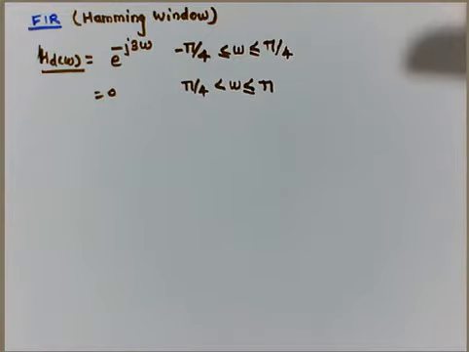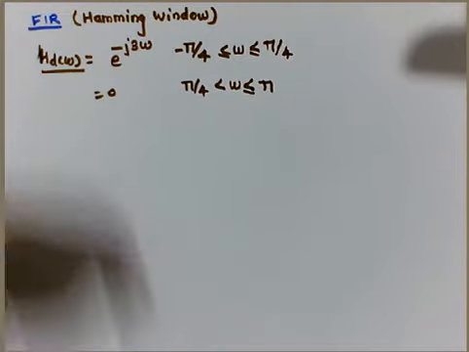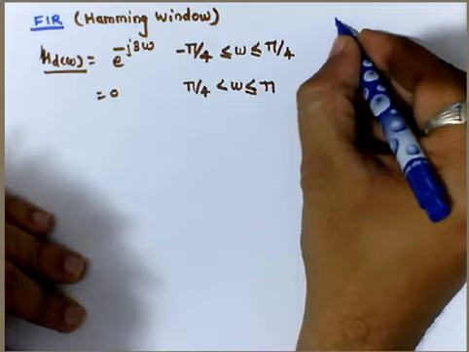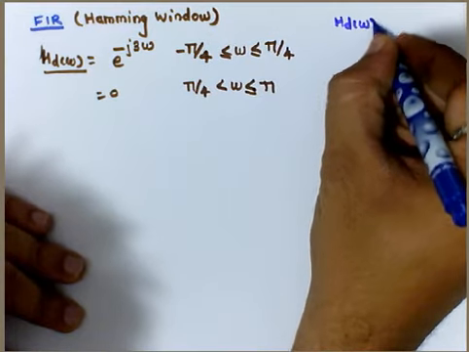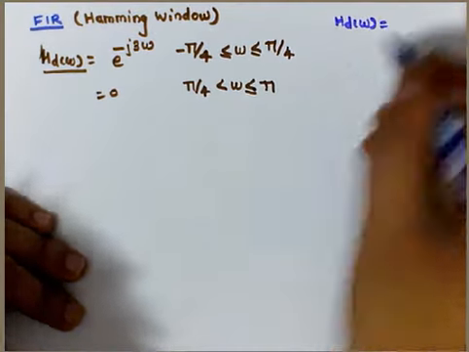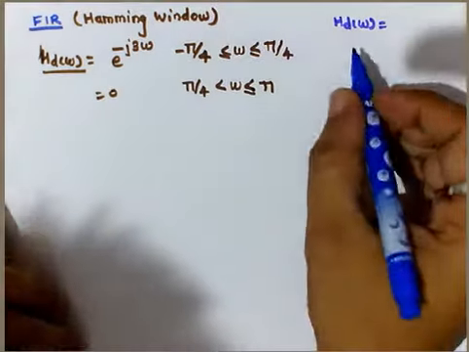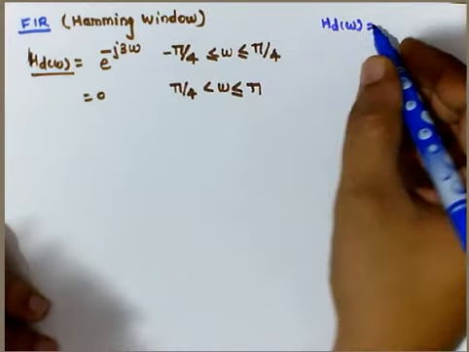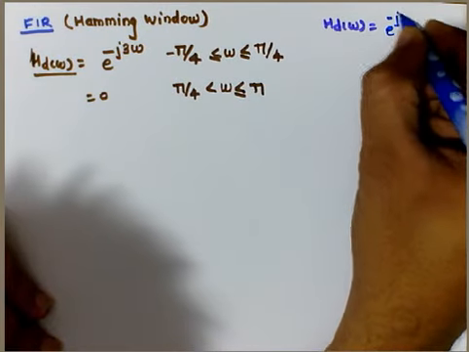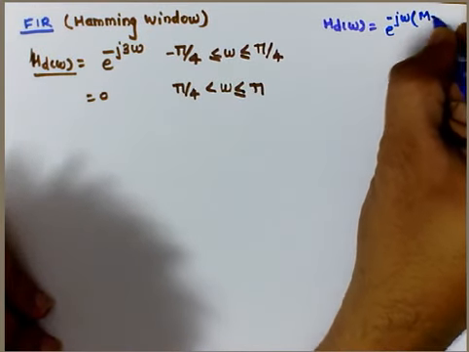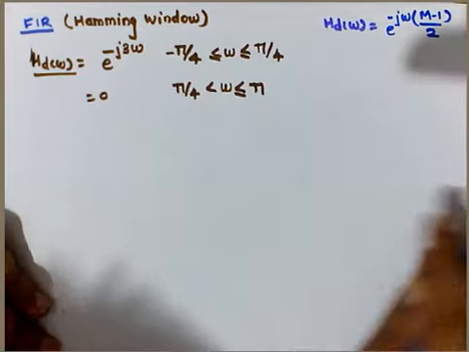The standard equation is quite simple. It is Hd of omega equal to e raised to minus j omega into m minus 1 by 2. This is the expression.